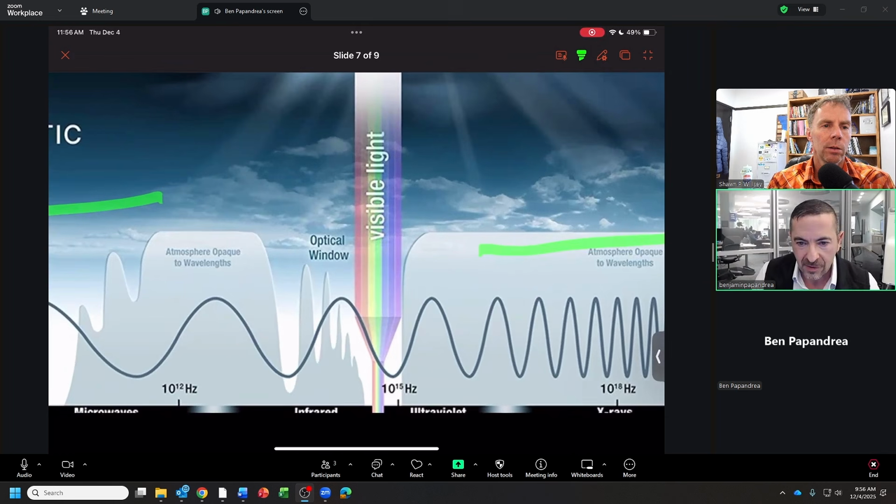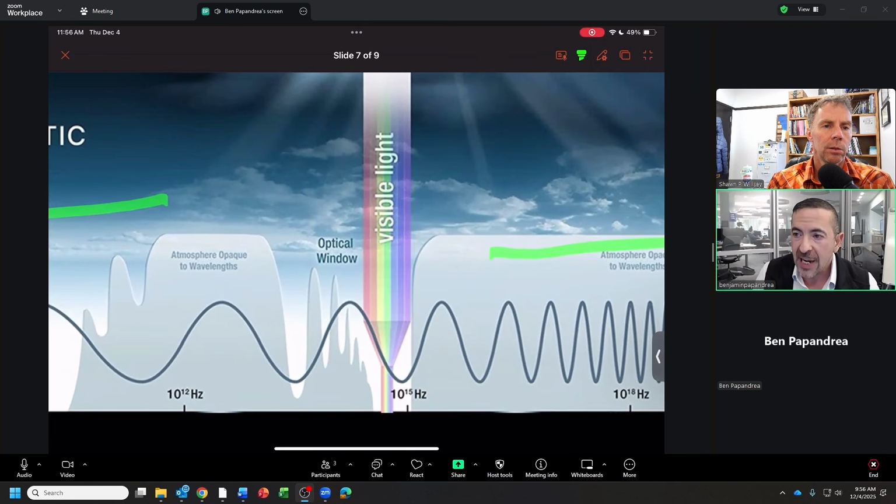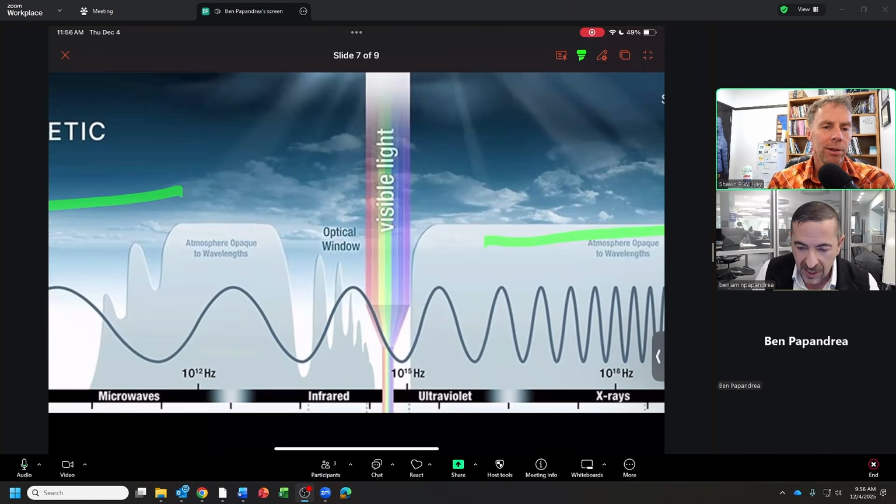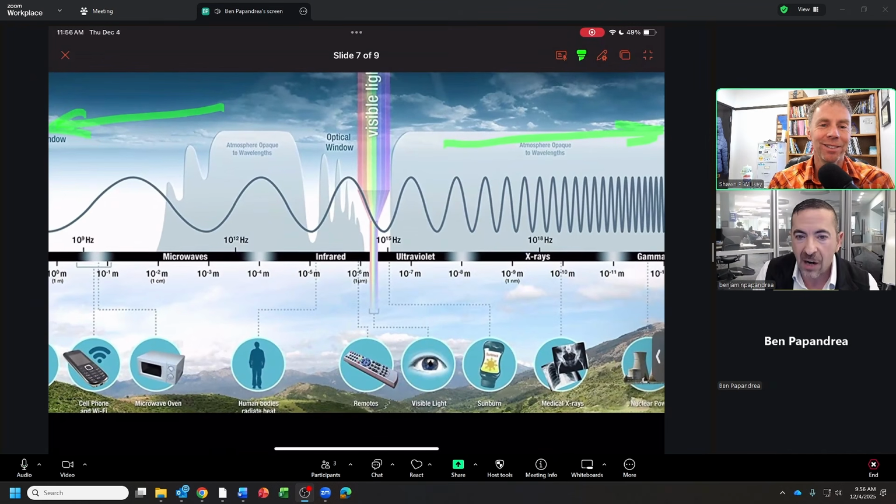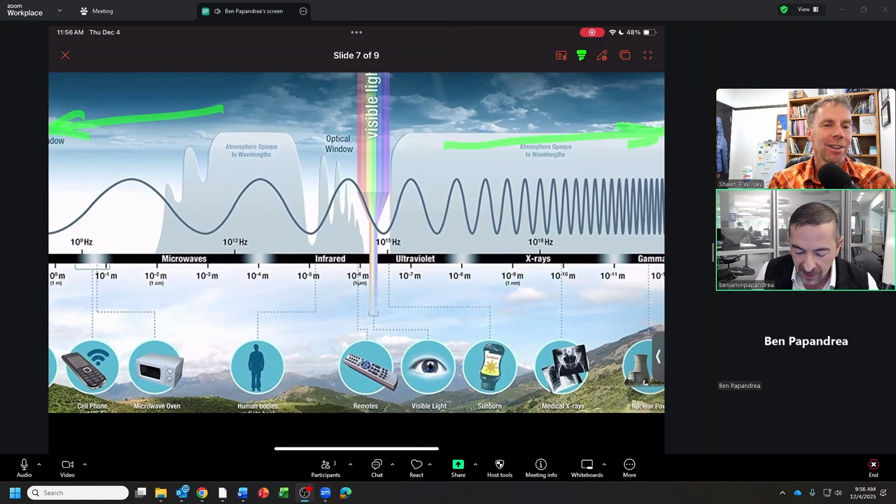Right here, visible light, that's what we see with our eyes. Pretty narrow band. Very narrow band right there. Now, from roughly here onward, that's the bad stuff.